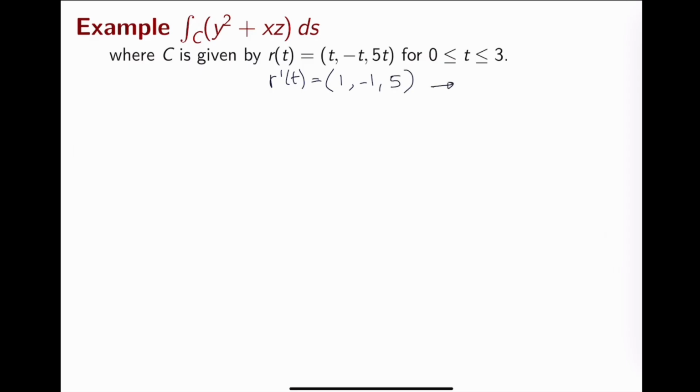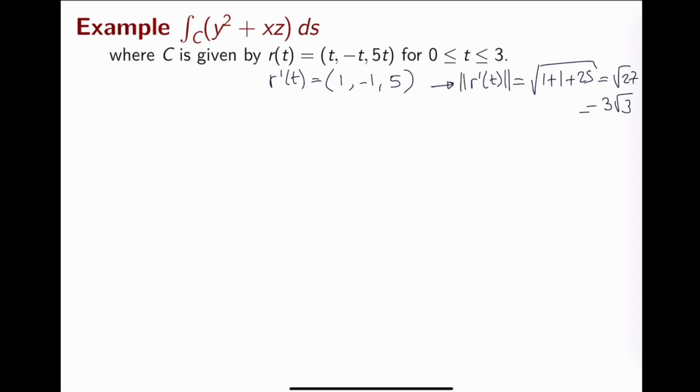And then what we need is the norm of this vector, which is the square root of the square of 1 plus the square of minus 1 plus the square of 5. And so this makes the square root of 27, that is 3 square root of 3.